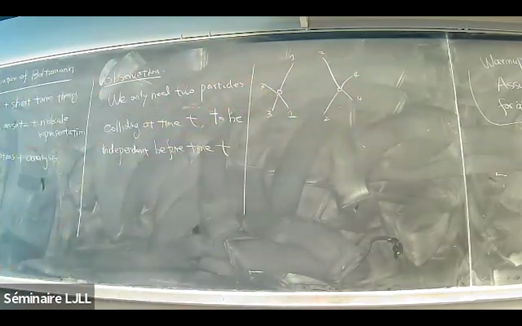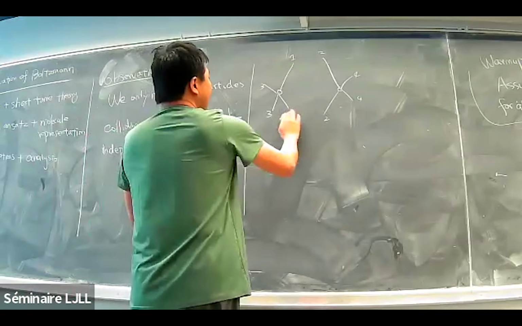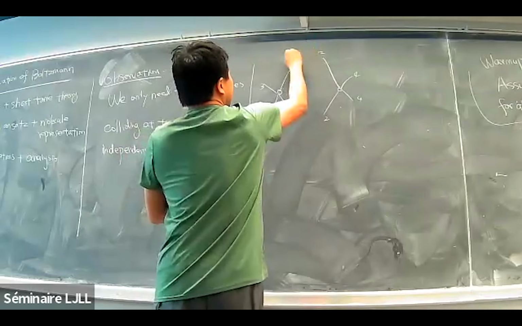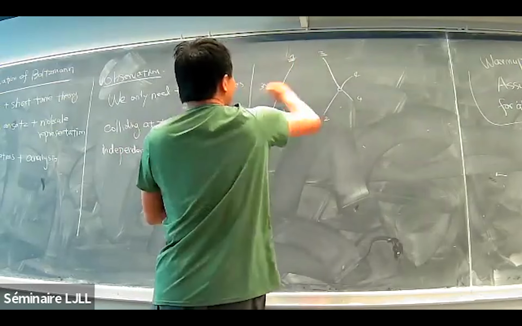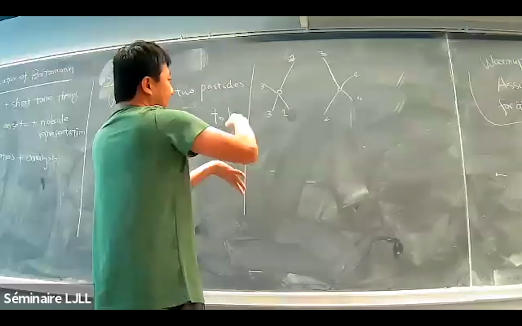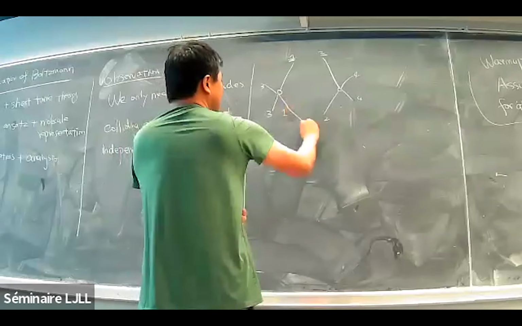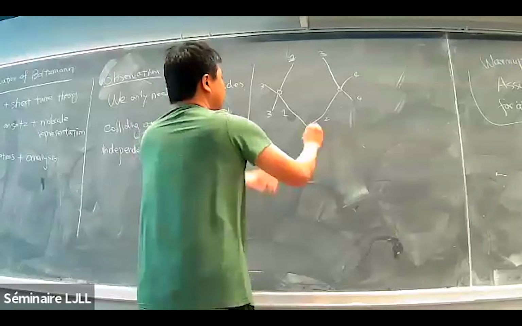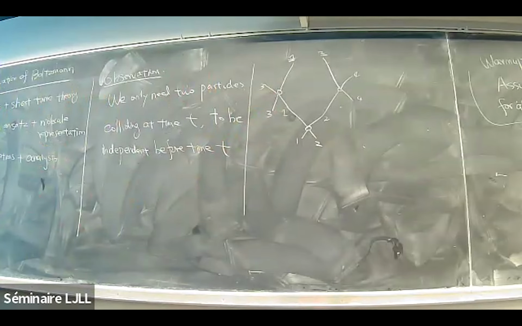If you draw it like this, they're still independent. The time when they're not independent is when these two particles are colliding with each other, or when they are connected by a sequence of collisions to each other. So when they collide with each other, they will not be independent.